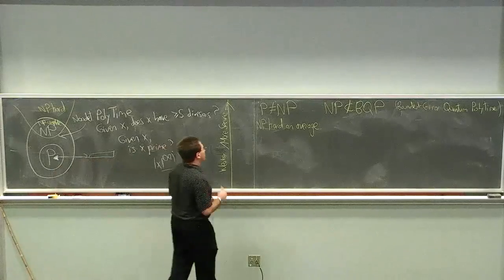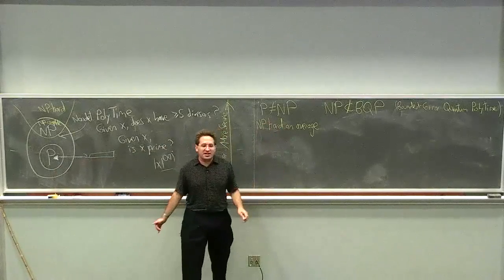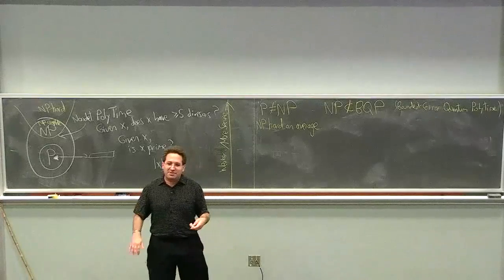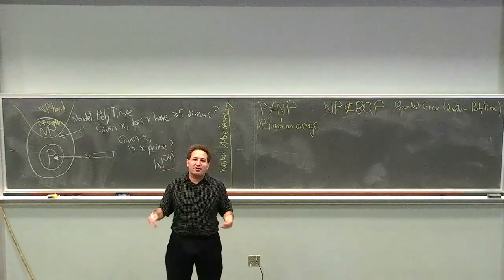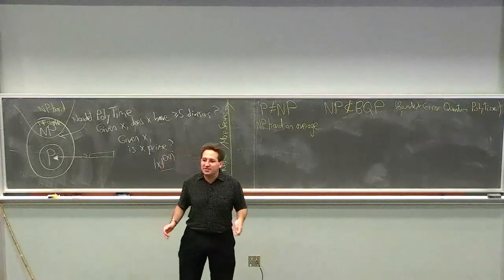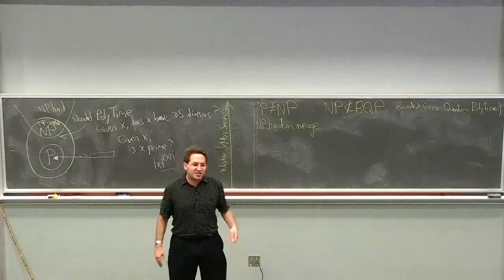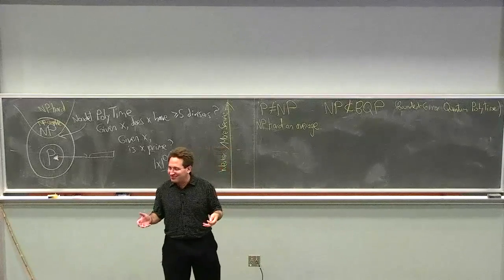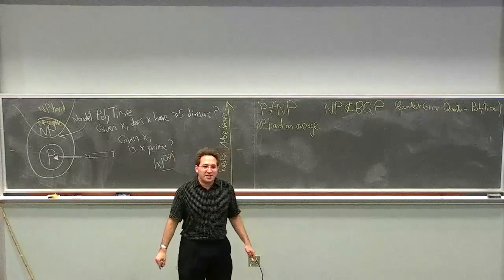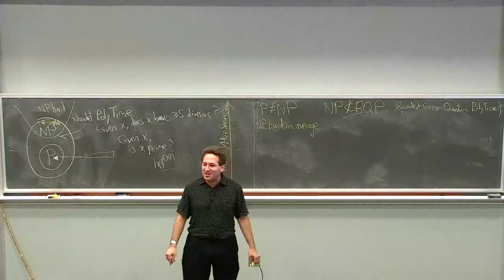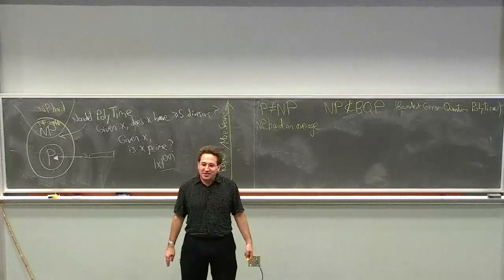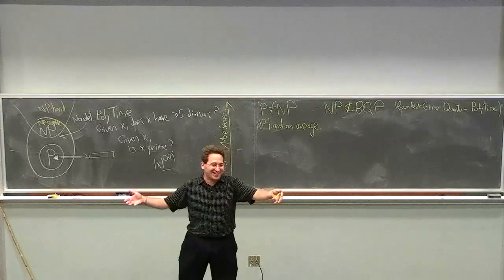P not equal to NP would only say that there is some problem in NP such that for every polynomial time algorithm that you could design, it will fail on some input to the problem. But those inputs on which it fails, those tricky inputs, might ironically themselves be extremely hard to find.